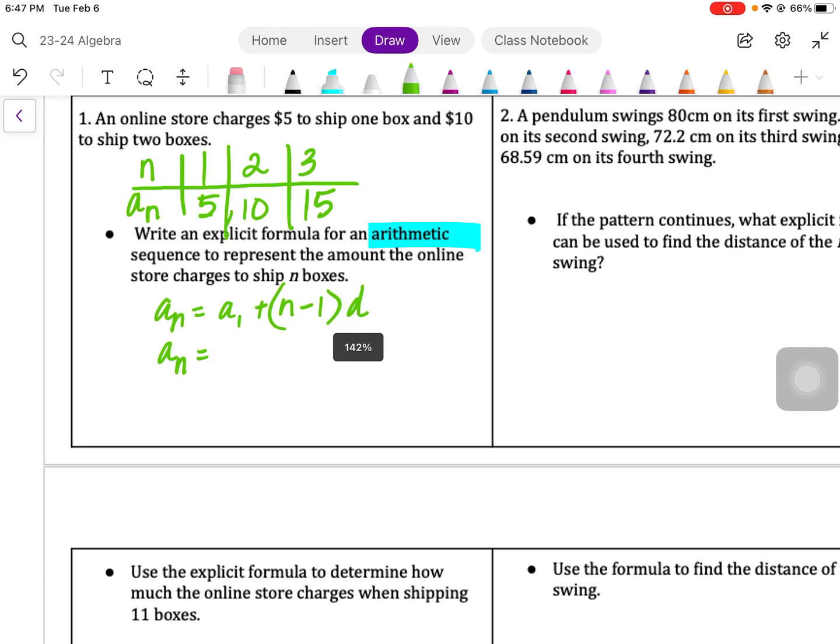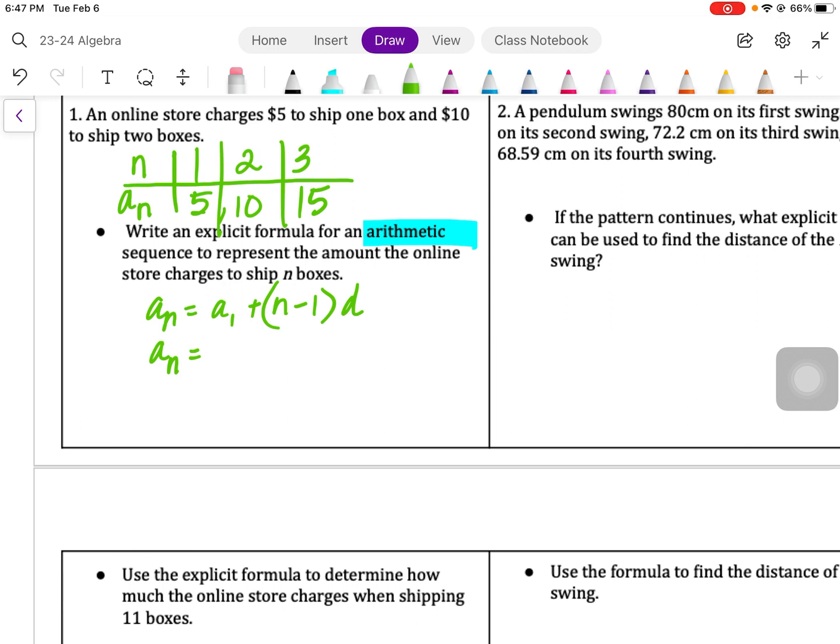The only two things we're going to put in at this moment are what we know so far: we know that a sub 1 is 5, that's the first term in the sequence, and we know that our common difference is also 5. So we're going to plug that in. We're going to put 5 here, and we're going to put 5 here.